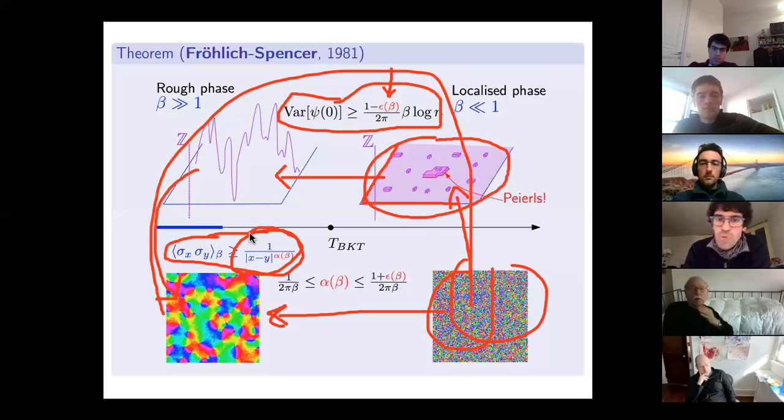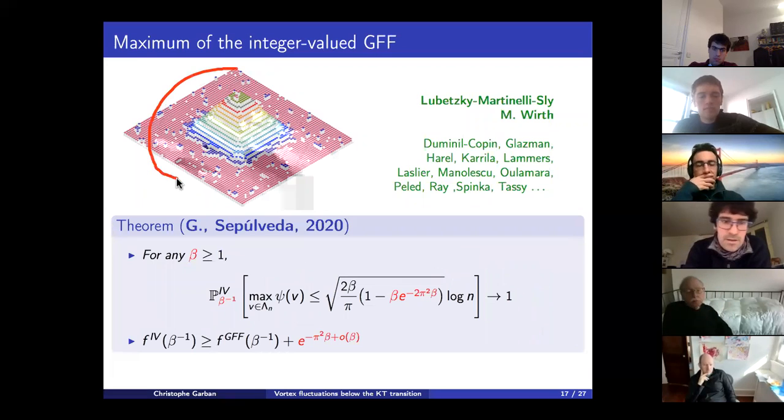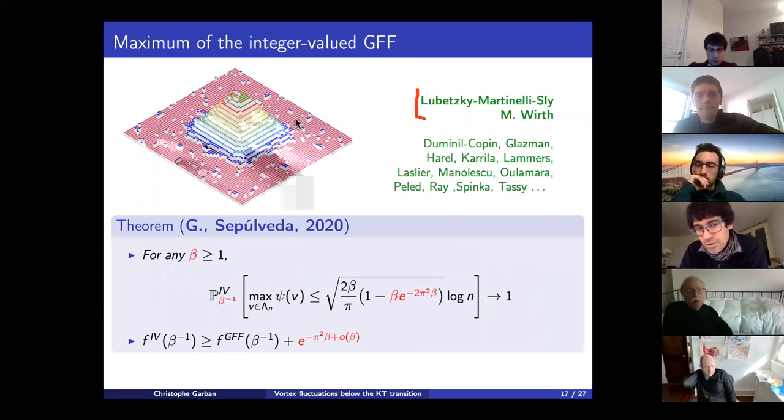Okay, so what are our results on this integer valued Gaussian free field? This is something that has been studied a lot. So for example, Lubetzky, Martinelli, and Sly understood extremely precisely the fluctuations of those random surfaces when the temperature is very low.